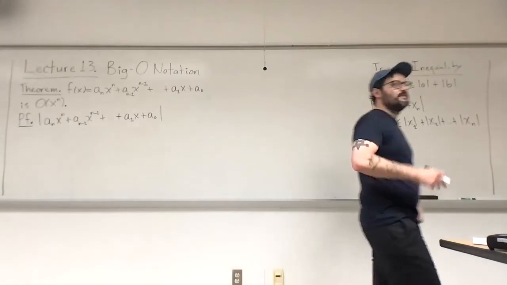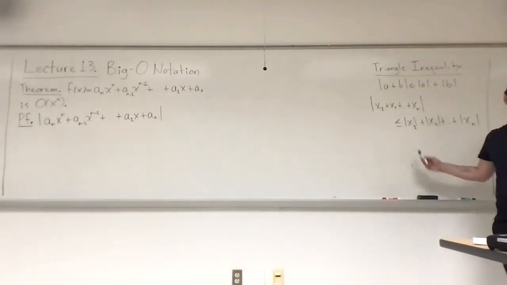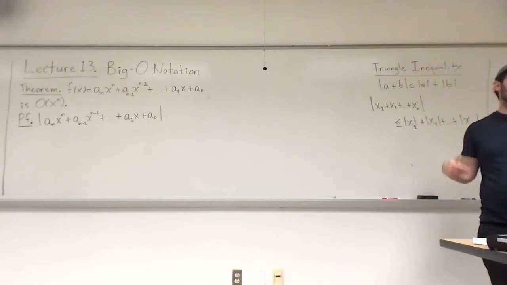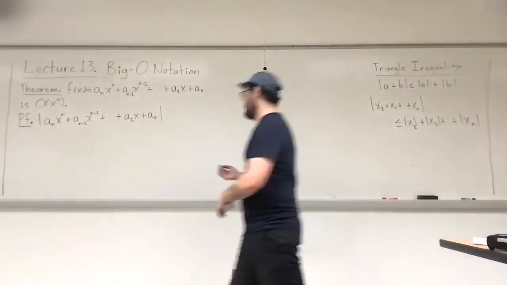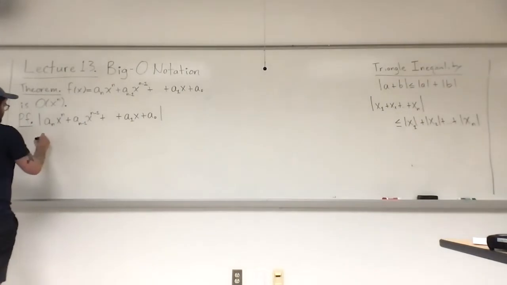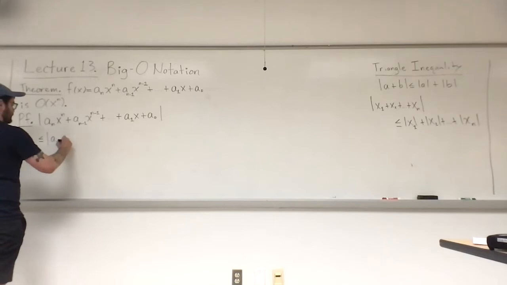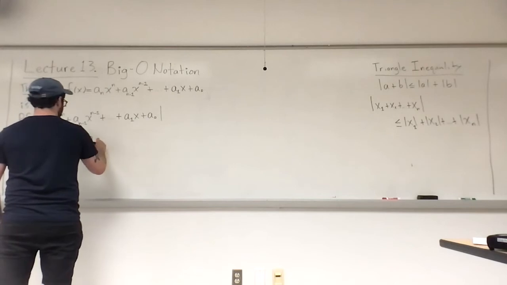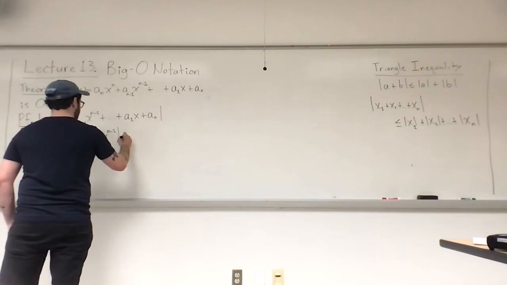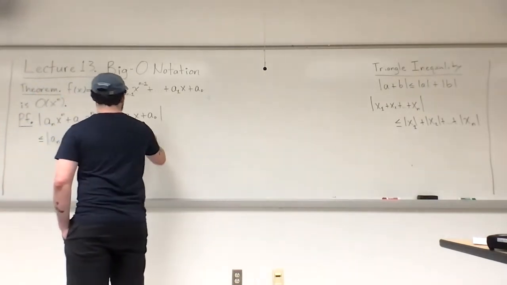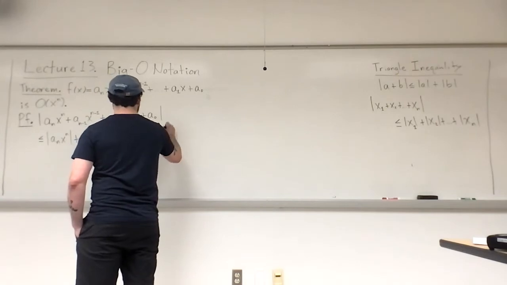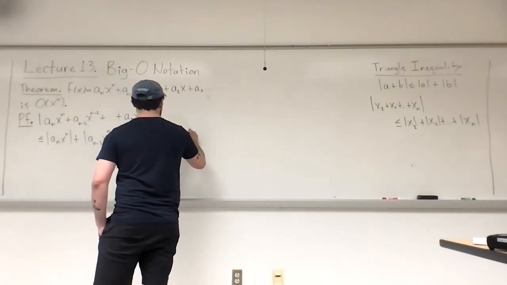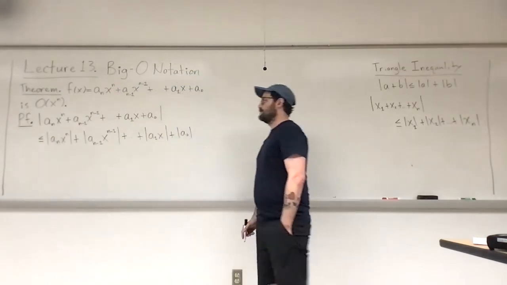And then we're going to immediately apply the generalized triangle inequality. We have the absolute value of the sum is at most the sum of the absolute values. All right, so absolute value of an times x to the power n plus absolute value of an minus 1 times x to the power n minus 1 plus dot dot dot plus the absolute value of a1 times x plus the absolute value of a naught. And that's by the triangle inequality.